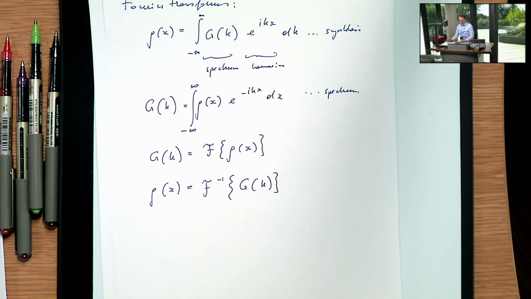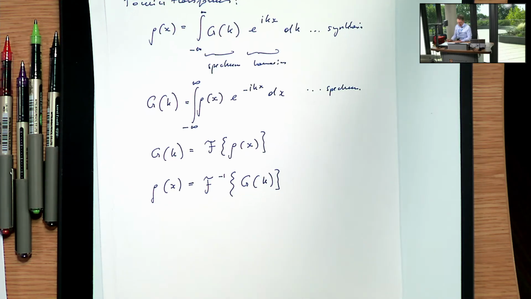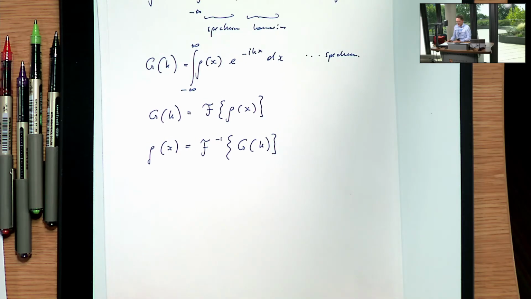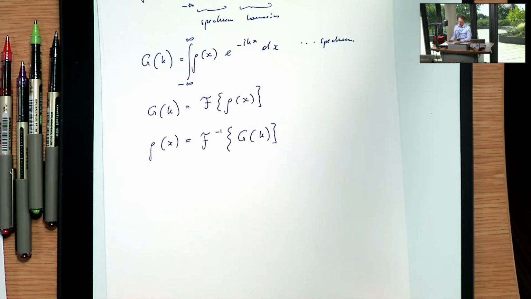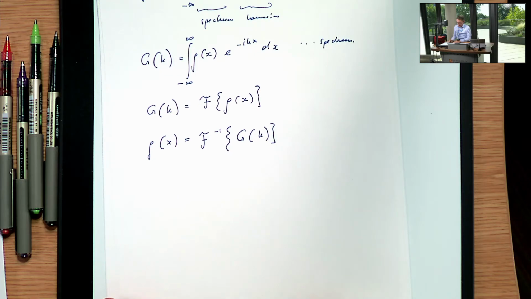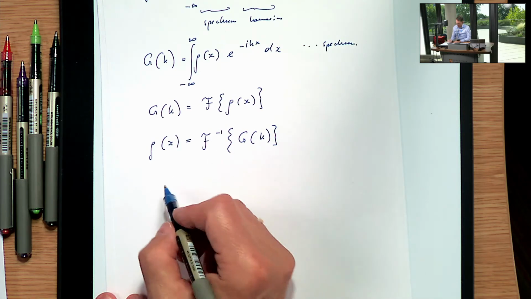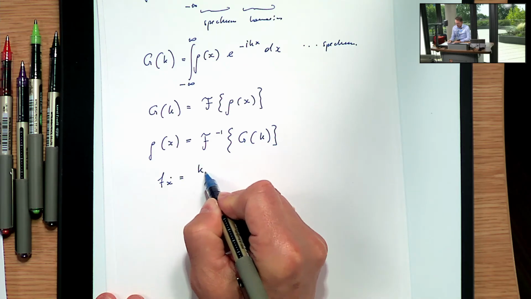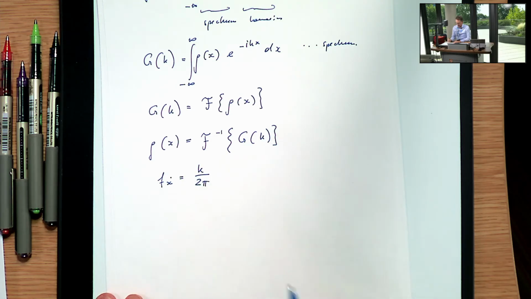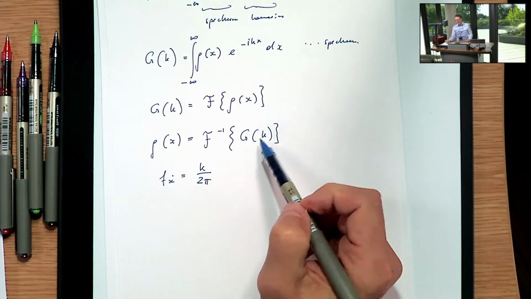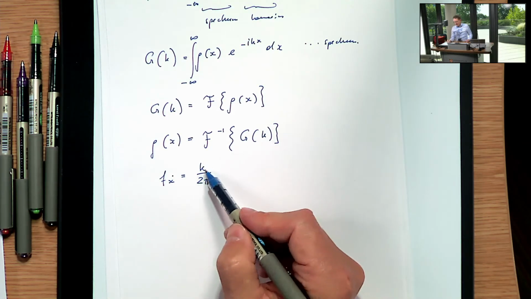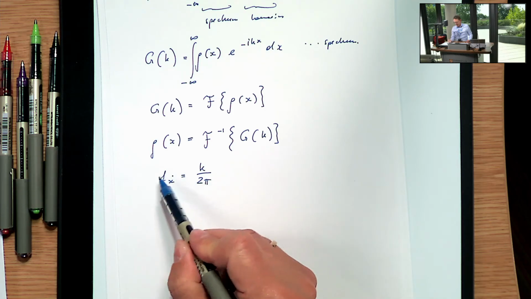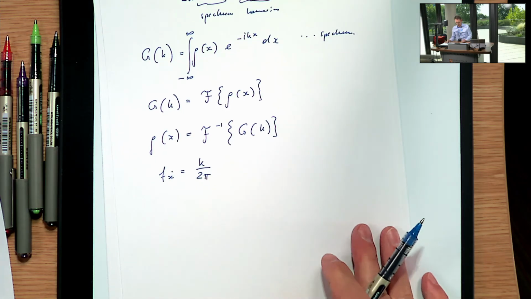Okay? Now I want to start using the following notation: f of x is equal to k over 2 pi. So k is some dummy frequency, and k over 2 pi is just a spatial frequency in units per meter.